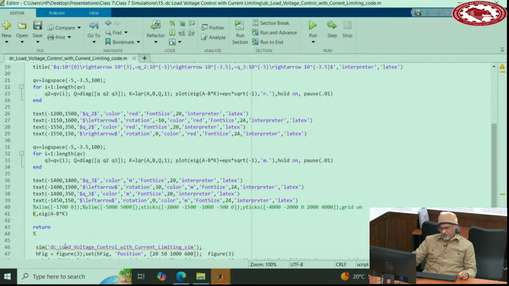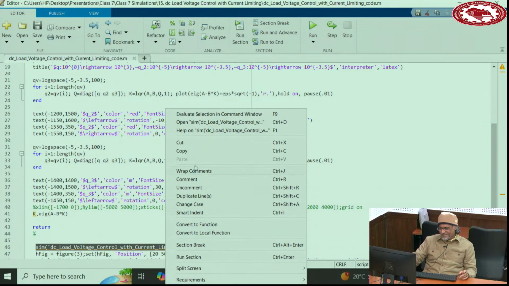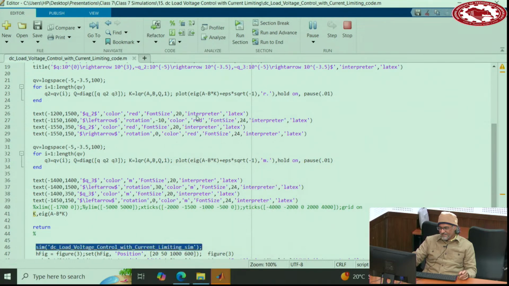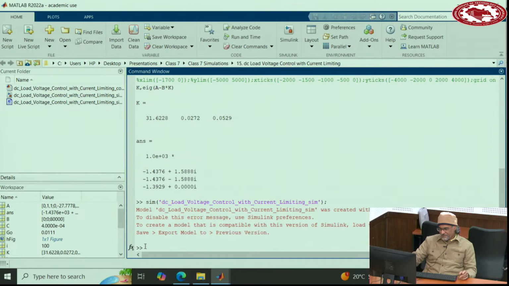I don't think we can run the Simulink. Let me see if it runs. Try at least. Yeah, it gives error, so it doesn't run. So it means that this file, the Simulink file, was generated with the MATLAB, which is newer than the MATLAB which is here.